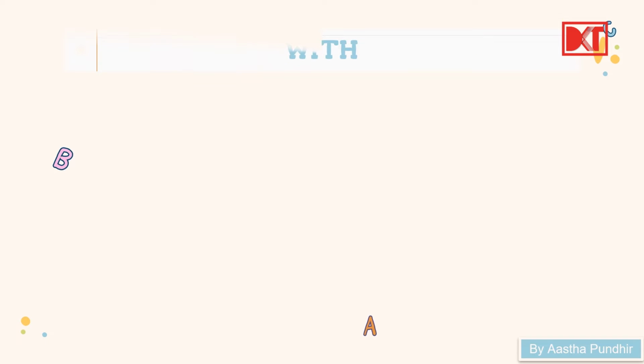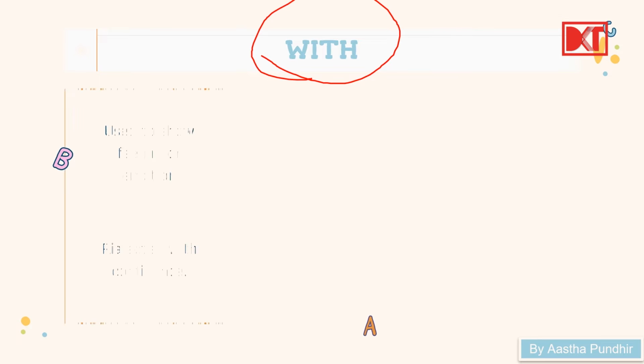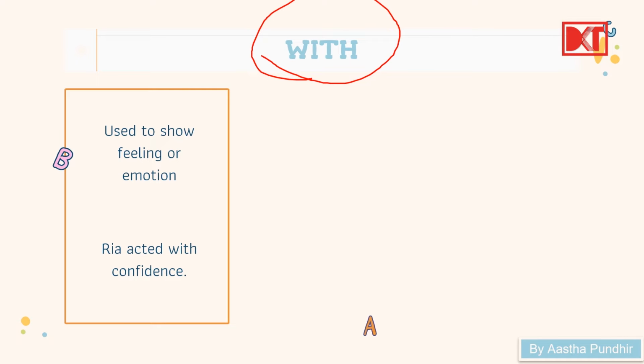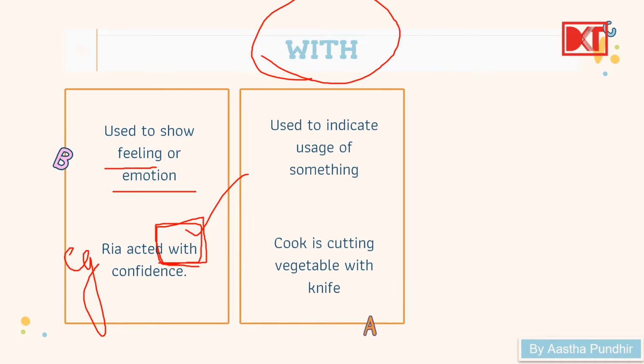Next up is "with". Let's see where "with" is used. "With" is used to show a feeling or an emotion. Example here is: Riya acted with confidence. So how did Riya act? She acted with confidence, a feeling or emotion. Then indicating usage of something. How?